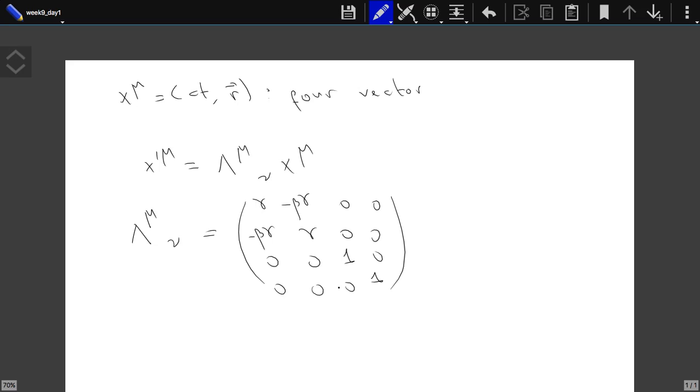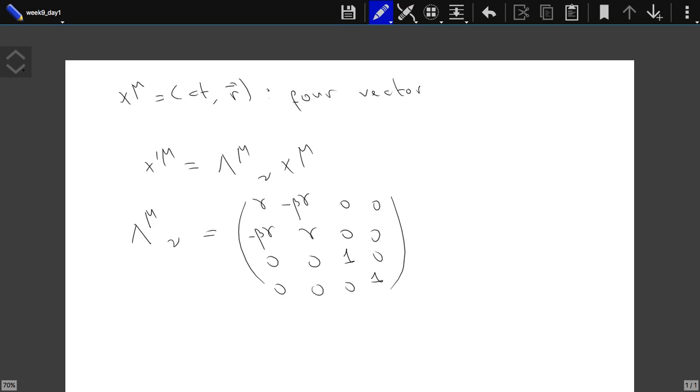Here, this is the position 4-vector. In general, we say position, although it also contains the time. This position 4-vector transforms in this way, and any 4 numbers that transform like this as you go from one reference frame to another, we will call 4-vectors.